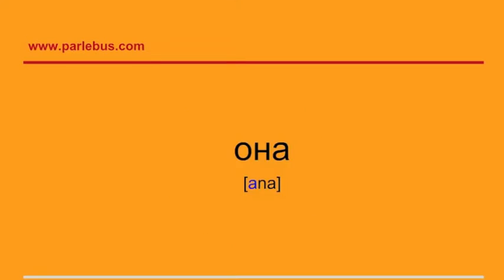For example, the first irregularity that you learned is the following. The letter O represents the O sound. But, as you now know, although the correct spelling is ona, most Russian people pronounce the word as ana. This is because the letter O is not stressed, and the pronunciation is therefore ana.